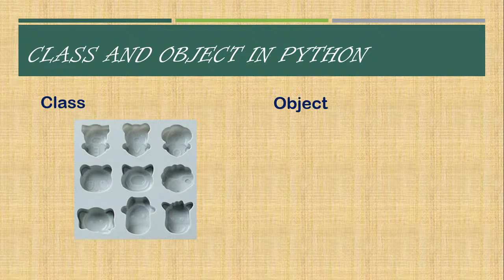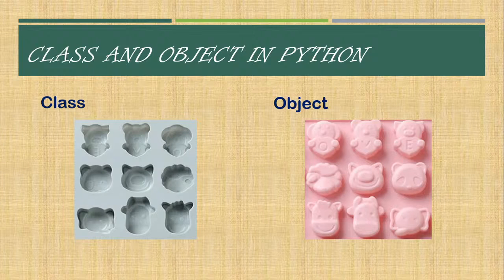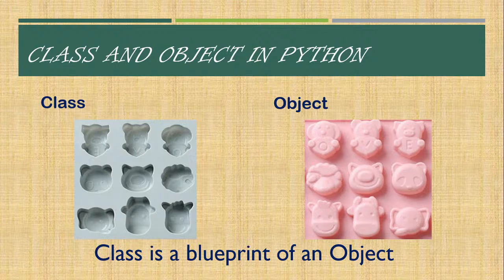You can see that there are different toys which we have created using different molds. A mold was not a physical existence of a toy, but it was like a blueprint of the toy. In the same way, a class is a blueprint.